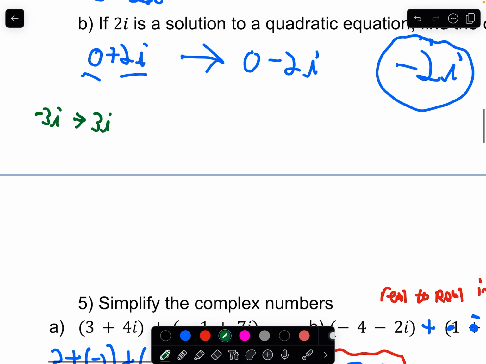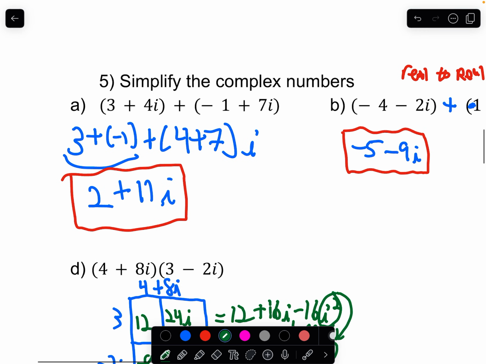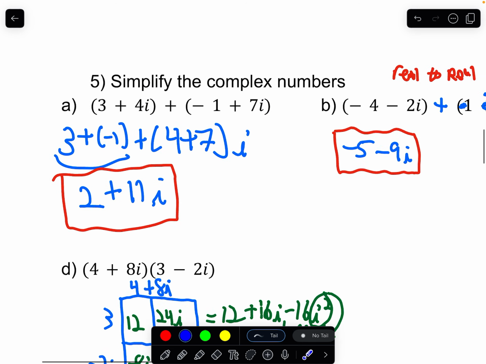All right, simplifying complex numbers, when we're adding or subtracting. It basically comes down to this. When you're given two complex numbers and we're adding them, we're going to add real to the real. So 3 plus a negative 1, which gives us 2. And then imaginary to the imaginary. So that's 4i plus 7i, which is 11i, and that's the answer.